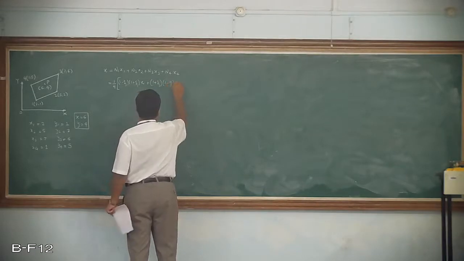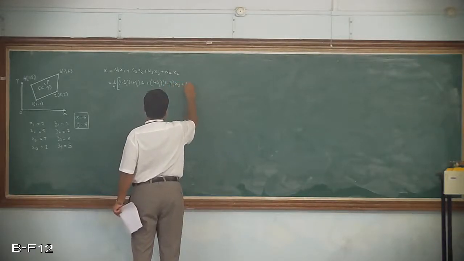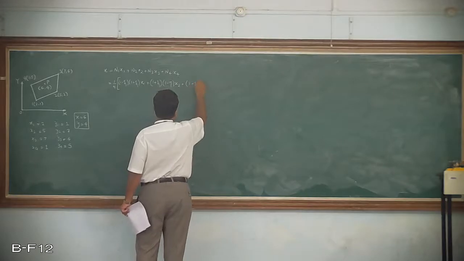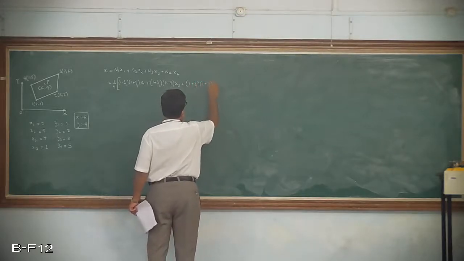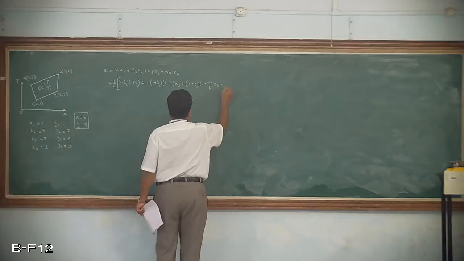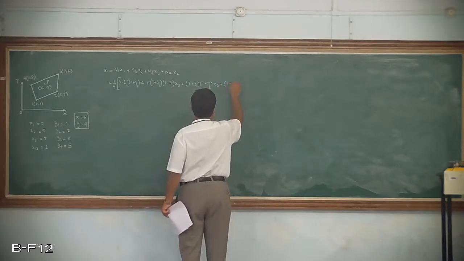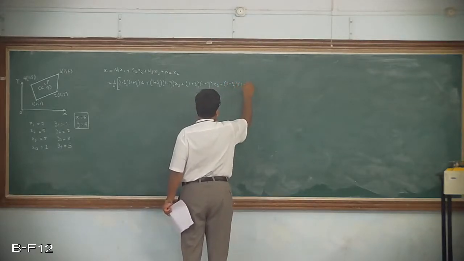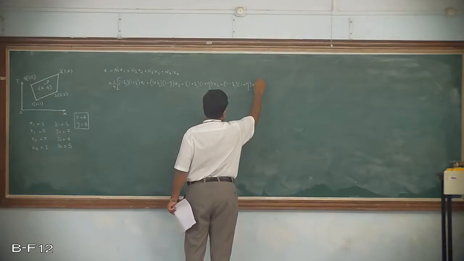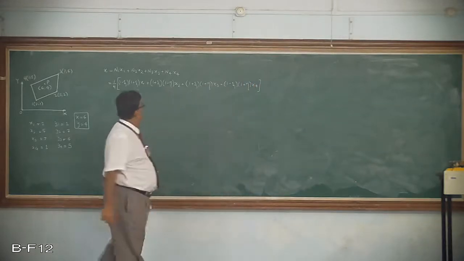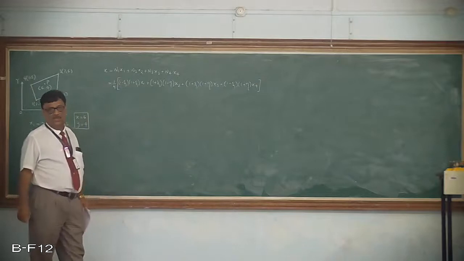Then (1 plus zeta)(1 plus eta) x3, and lastly (1 minus zeta)(1 plus eta) x4. You already know how to find these relations.